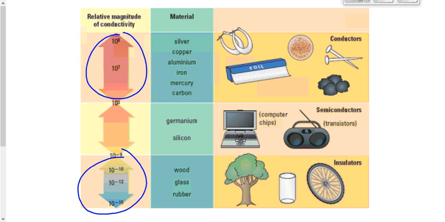It just means it's about 10 to the 18 times better of a conductor than wood is. And you can see, what's the commonality up here? These are metals. These are non-metals, right? So conductors are generally going to be metals, and insulators are generally going to be non-metals.